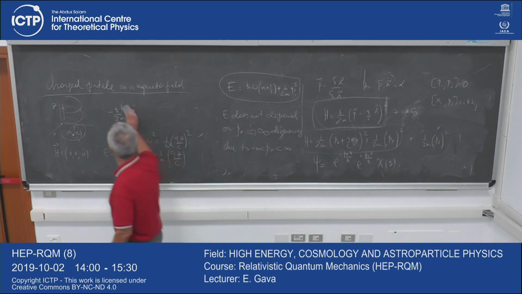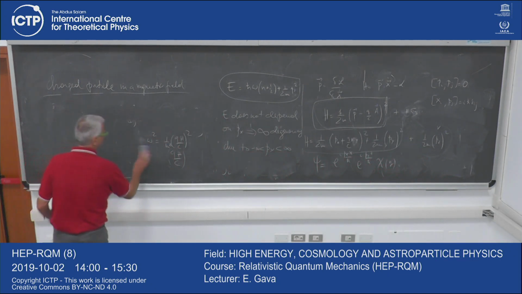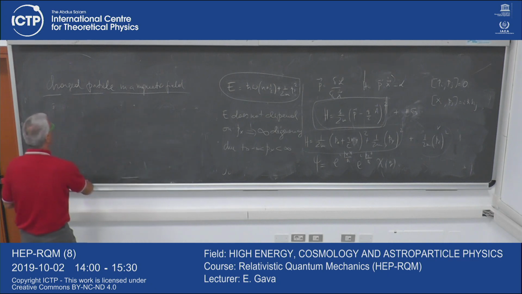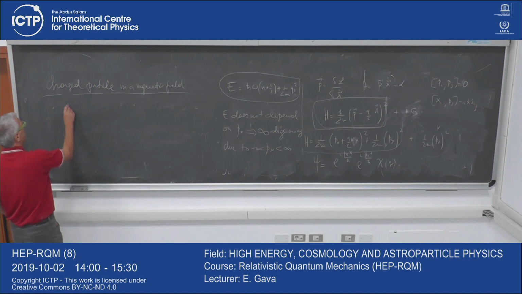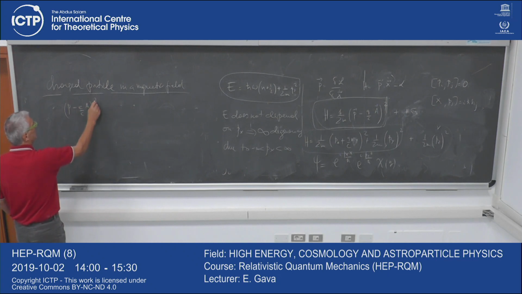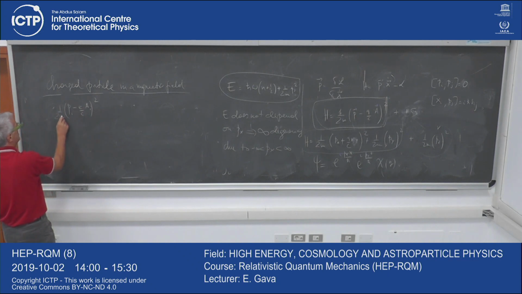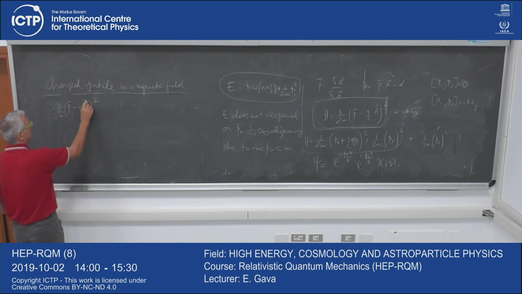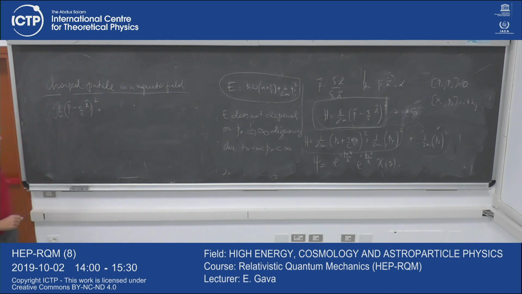We have this Hamiltonian. The Hamiltonian was (p minus qA over c) square over 2m, and then there is, in principle, the A0, which is just q phi.